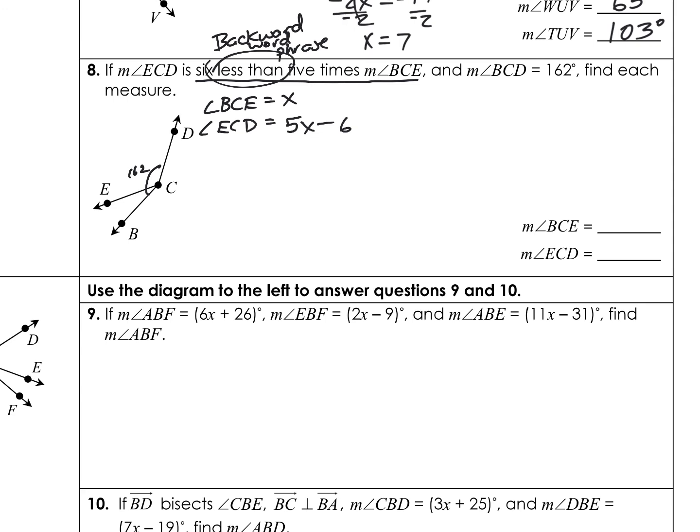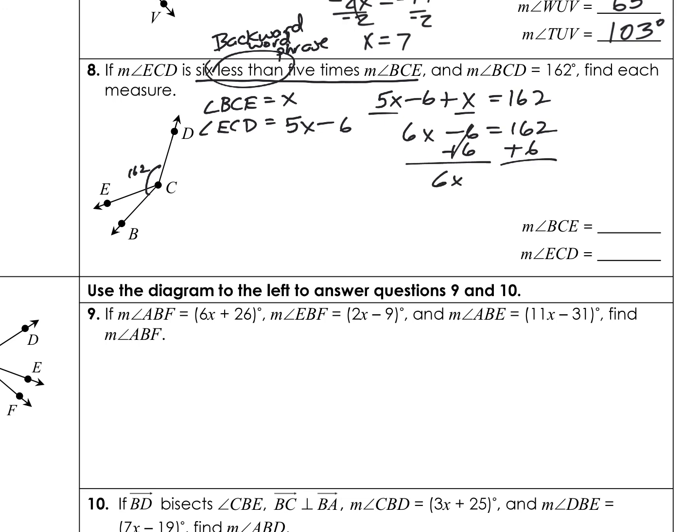So our equation is 5x minus 6, the angle addition postulate, plus x equals 162. So 5x plus x is 6x. Combine like terms, now add 6. 6x equals 168, and then divide by 6 on both sides. x equals 28.